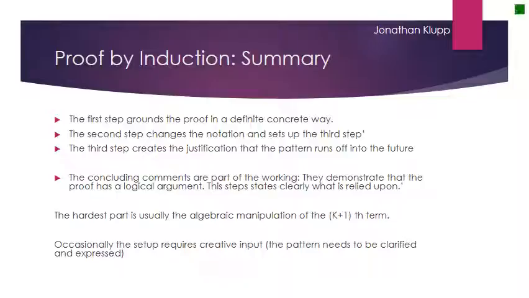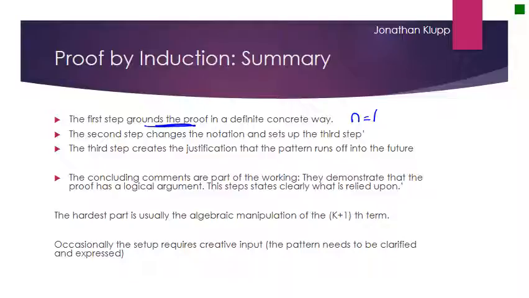So by way of recap, just to make sure we're not missing any of the points in the structure of a proof like this, the first step grounds the proof. It's our n equals 1, and it grounds the proof firmly in the ground.